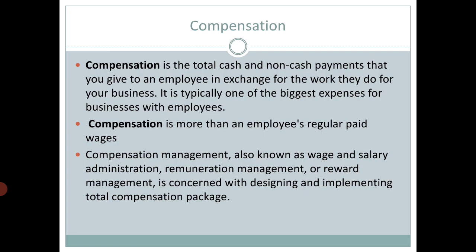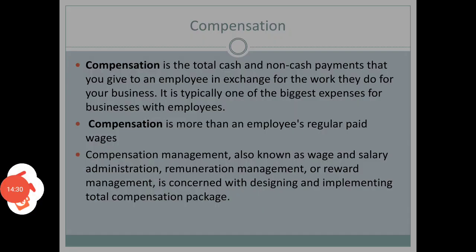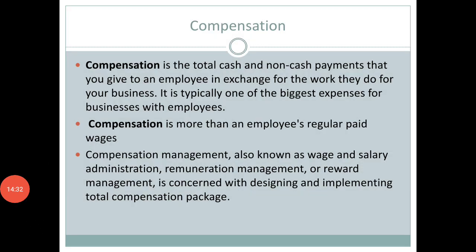When we come across the term compensation, it is quite important for the organization to seriously think about the compensation which they are paying to their employees. Why?